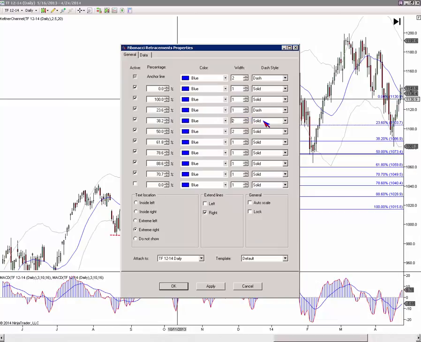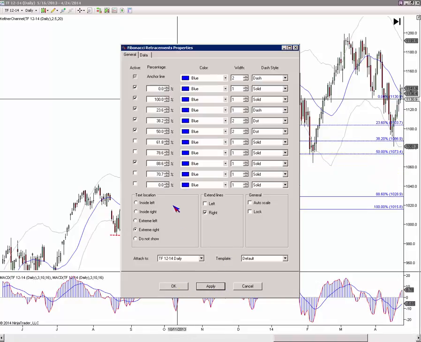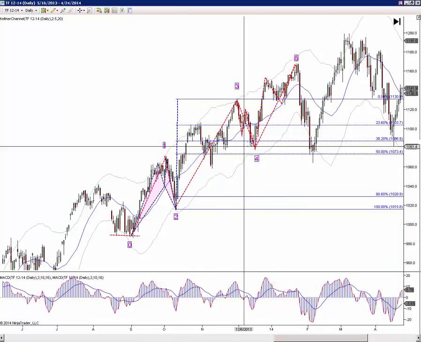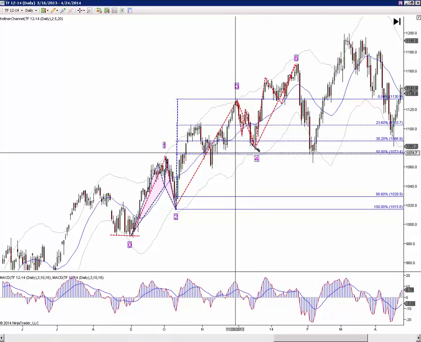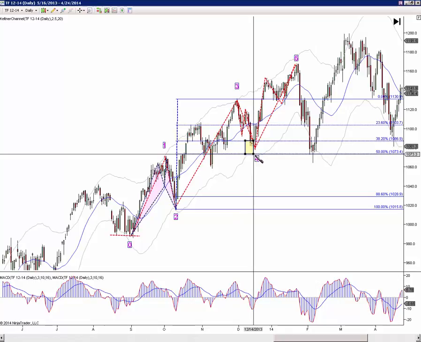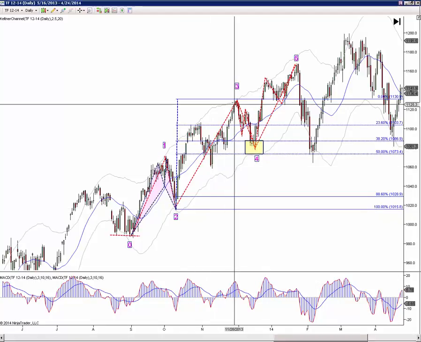All right, so we're going to put some dots here. We'll put some dots there. We'll get rid of all this other stuff. All right, so that number one will give you your immediate zone to watch. You always want to look at your 38 to 50% from your 2 to 3.